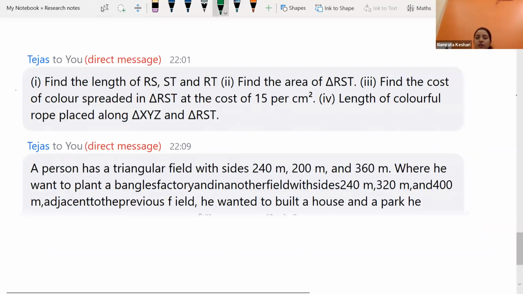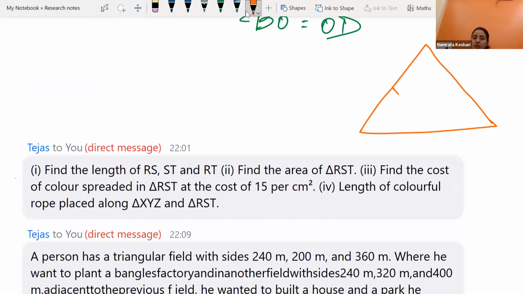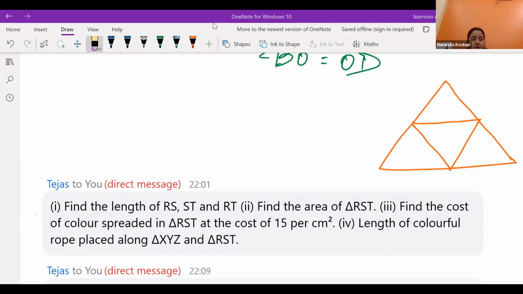I'm drawing the figure over here, Tejas. Please confirm the sides. The triangle looked like this, where the name of the triangle was ABC. No, ma'am, where you have written A, that's X, Y and Z. Okay, you have sent also. Not this one, this one.